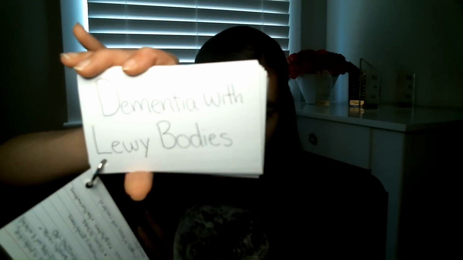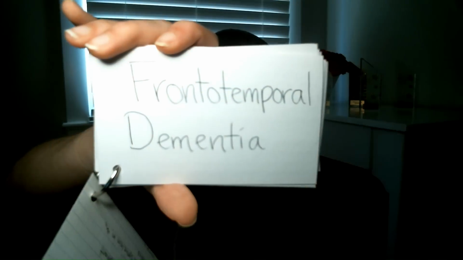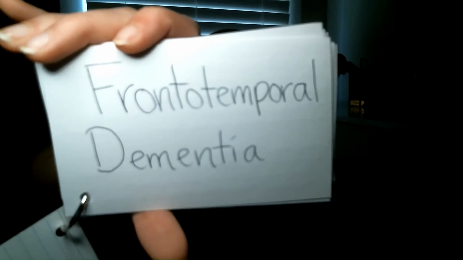So there are other kinds of dementia. I won't really go through them, but Alzheimer's is the most common, but you do have dementia with Lewy bodies, as well as frontotemporal dementia.